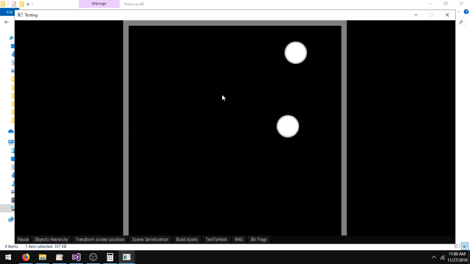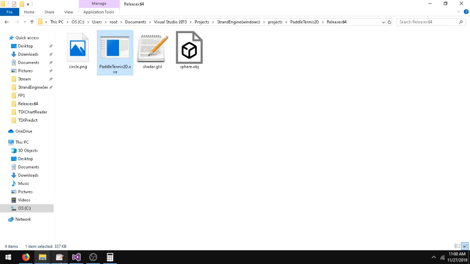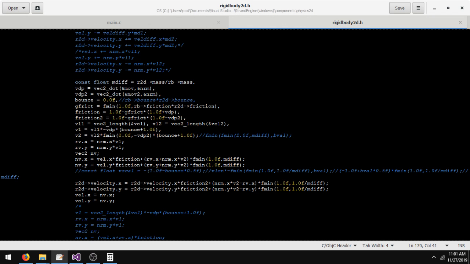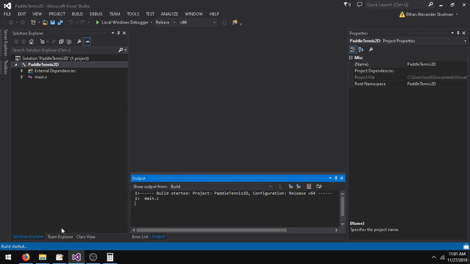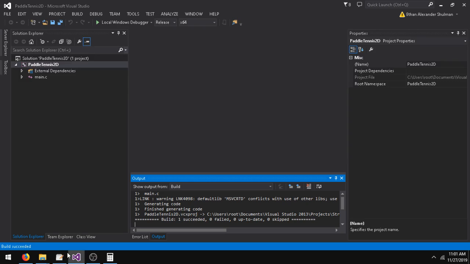Wow, actually seems like it's working. They're transferring velocity. Oh no, they're speeding up. Might be how one of the dot products is limited here and the other one isn't.